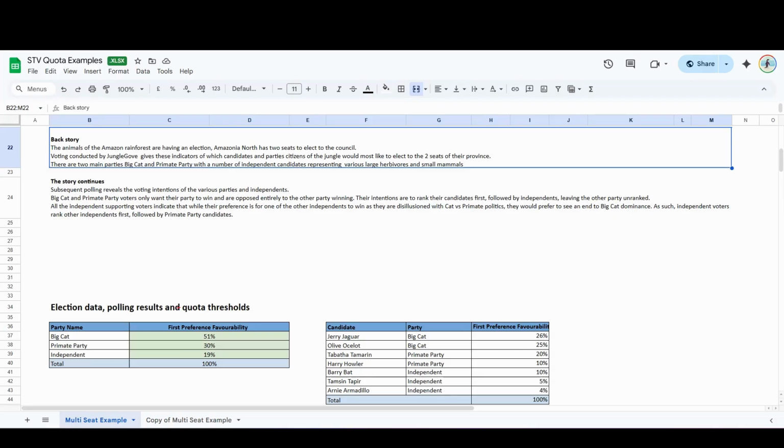So there's another reason why Imperiali is not a great system. Using the other methods like Droop, that's not a possible outcome because of the way the formula works.